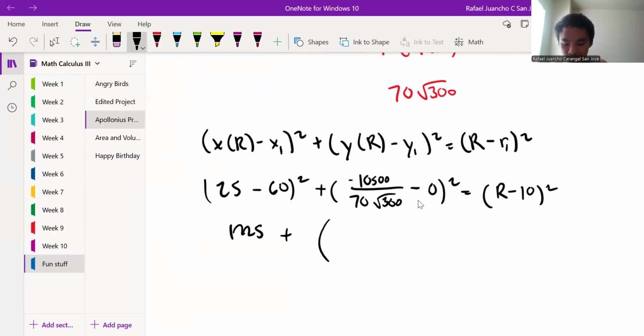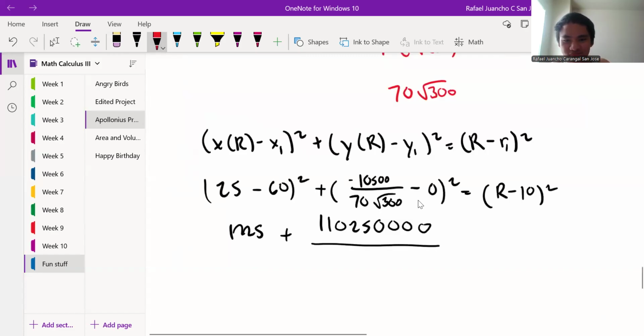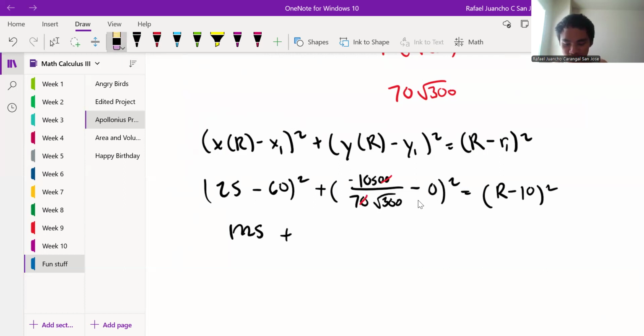This one's the issue now. 10500, square it. So I get 110250000. Actually, I should have just done this. That would have been easier. Anyway, I just got a zero out of it.